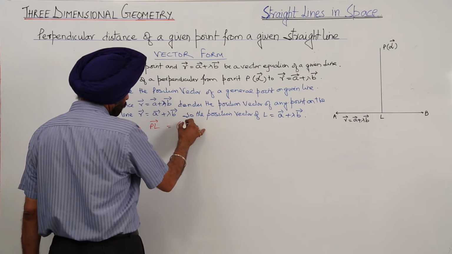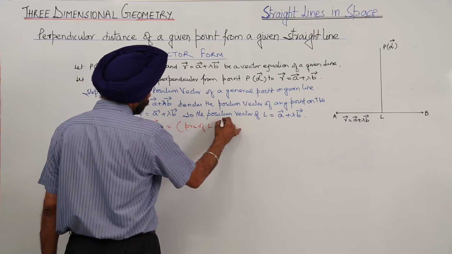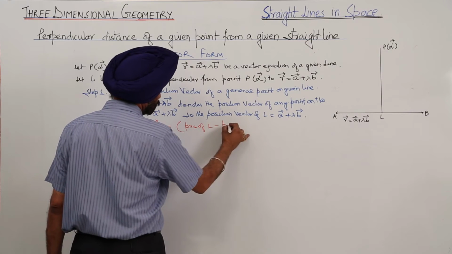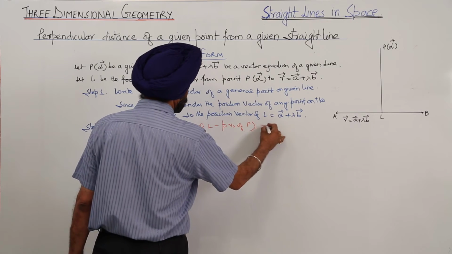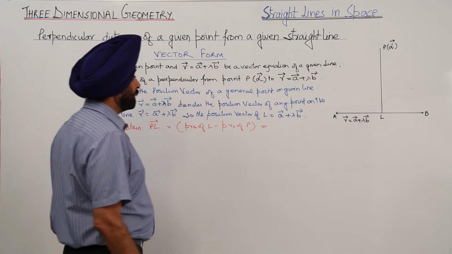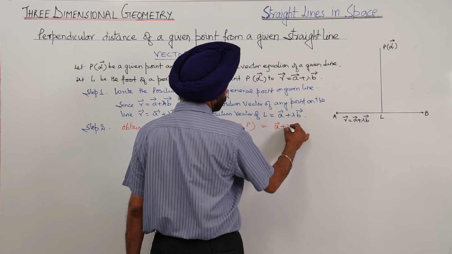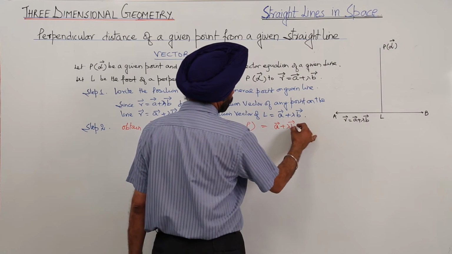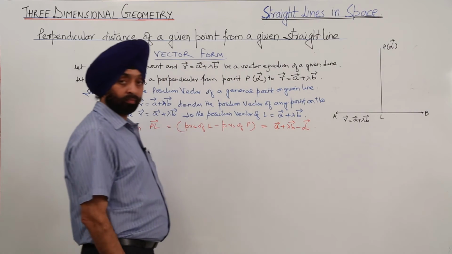This will be the position vector of L minus the position vector of P, and this can be further written as vector A plus lambda vector B minus vector alpha.